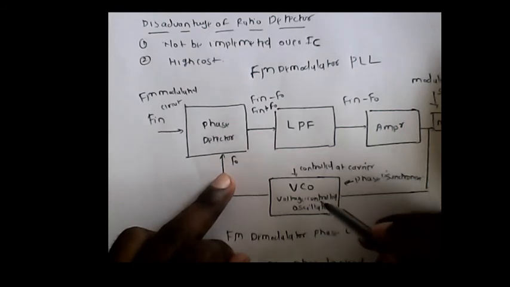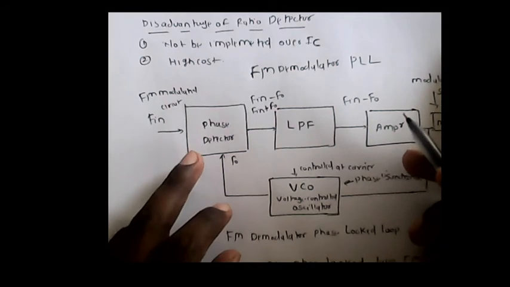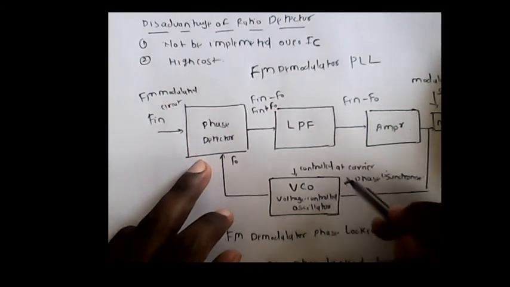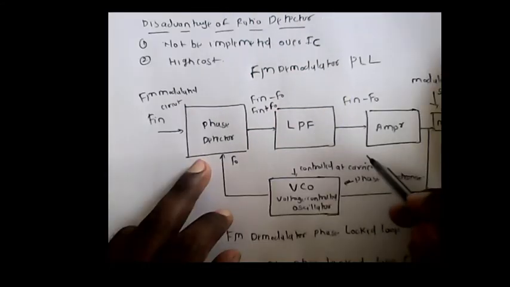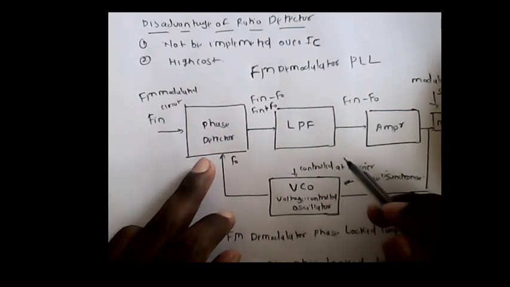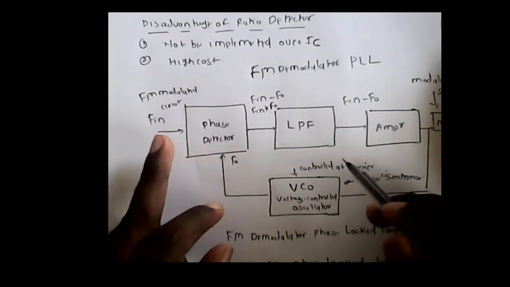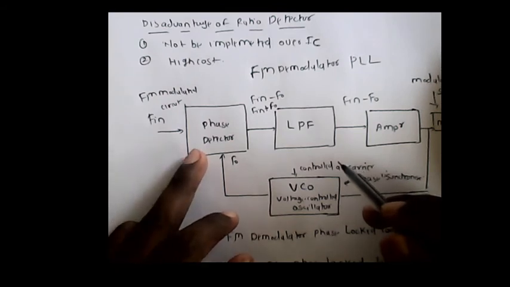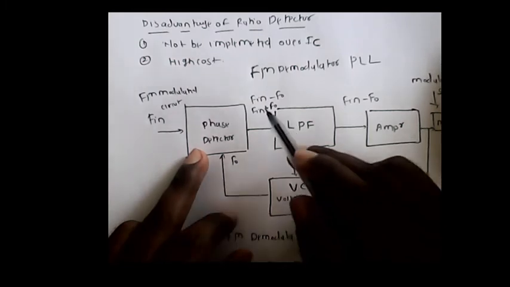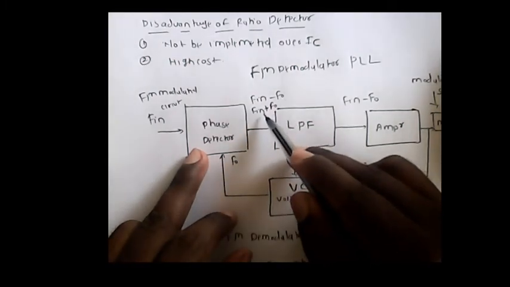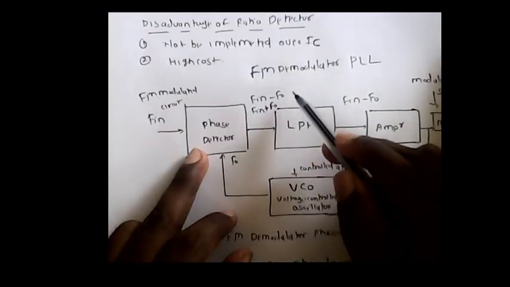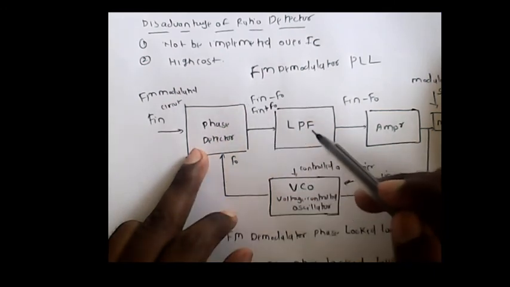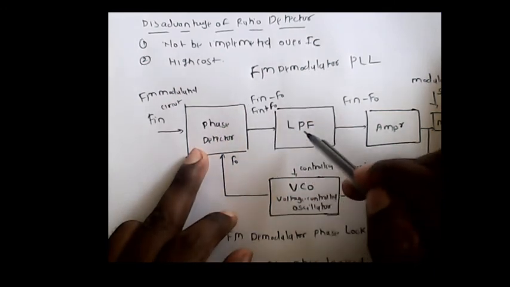F0 is the output frequency of the voltage controlled oscillator, which is equal to the carrier. The phase detector is equivalent to a product modulator, which generates two frequencies, Fin minus F0 and Fin plus F0. These frequencies are generated by the phase detector and given to the low pass filter.